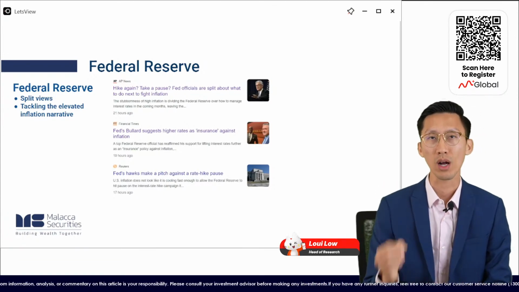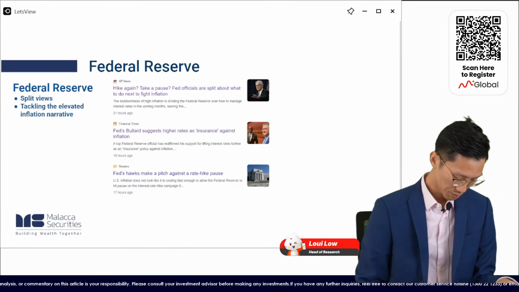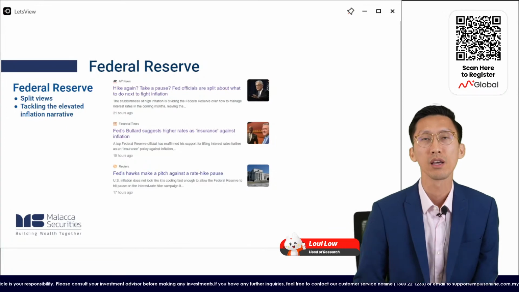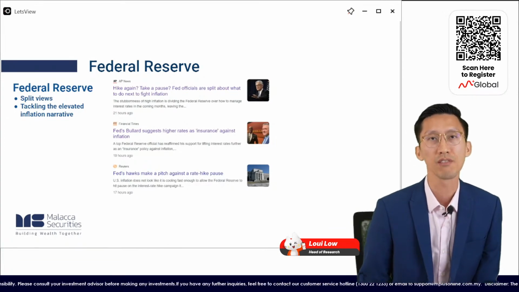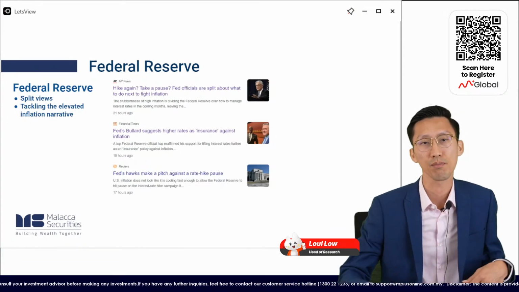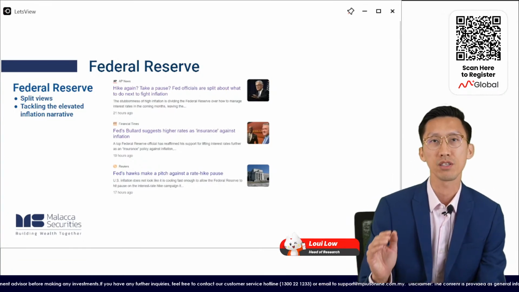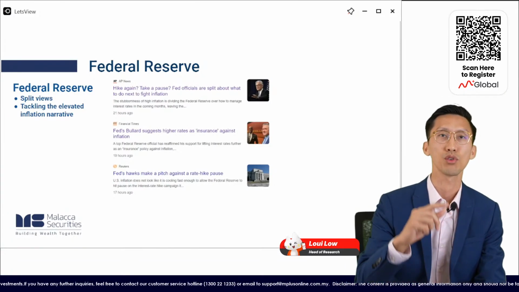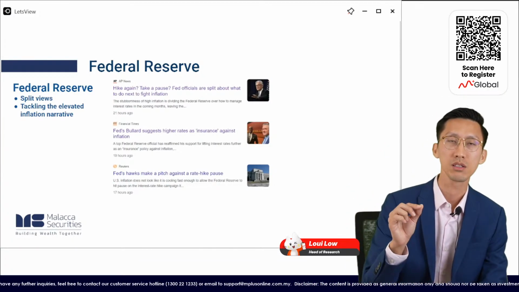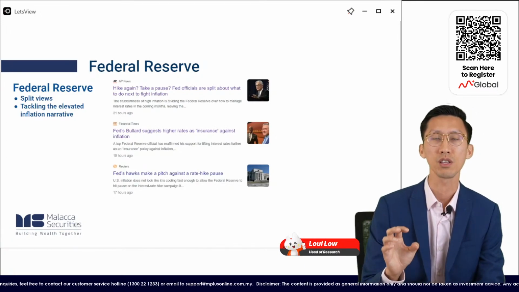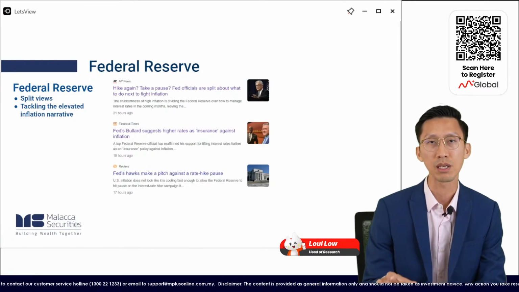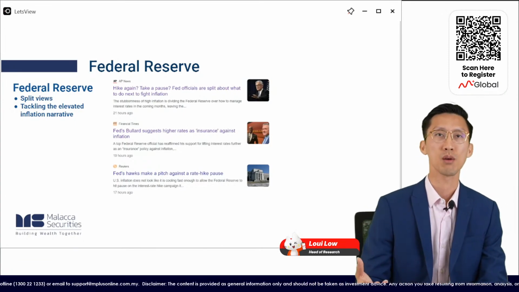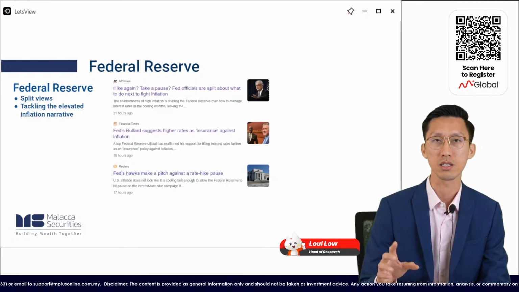The market right now wants to understand whether the Federal Reserve will go into a rate cut position. If there is a rate cut position in the future, perhaps the market can have a chance of going up higher. So that is the whole idea here. They want to find something out of the meeting minutes. If there is a change of tone, they might push the stock market higher. So that is the clue here.